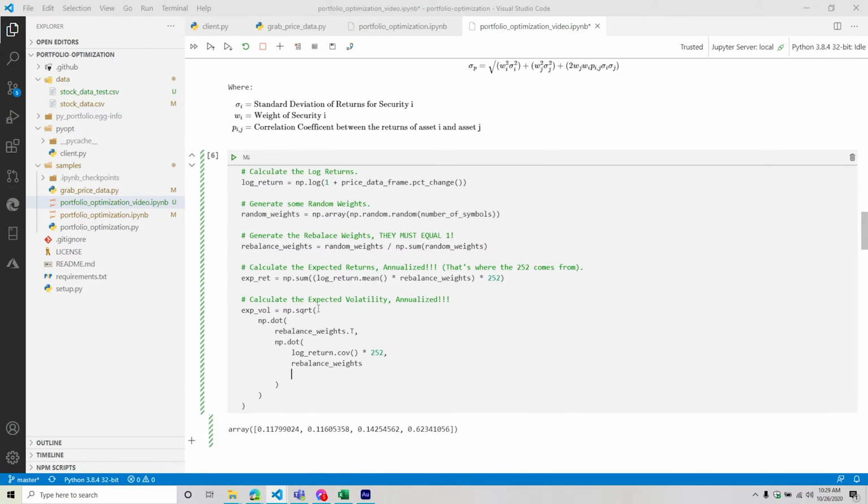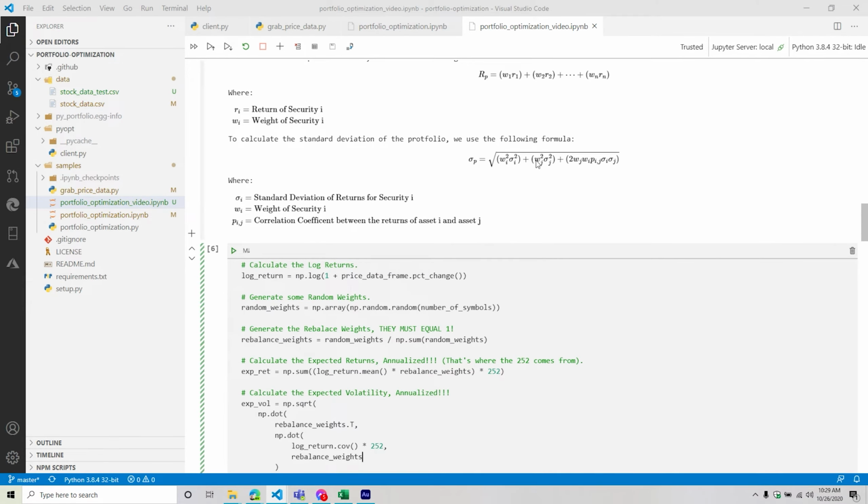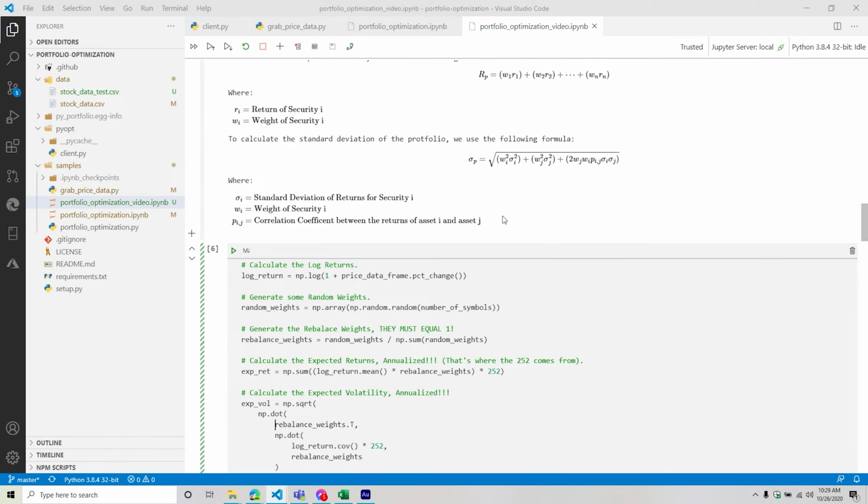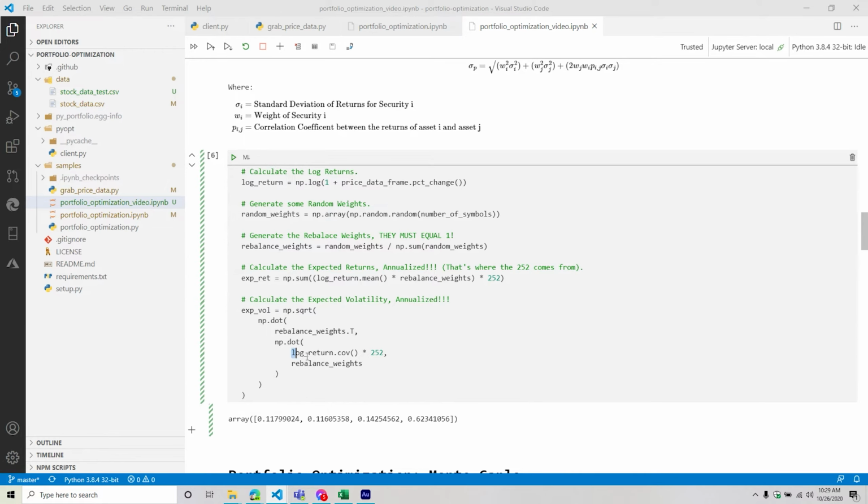Okay, so complicated formula, I understand. But just keep in mind, all it's really doing is taking the weights, transposing them to get ready for a little dot product, and basically multiplying by the weights times the covariance aspect times this.